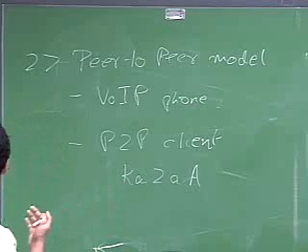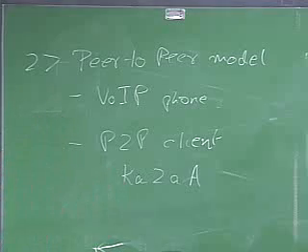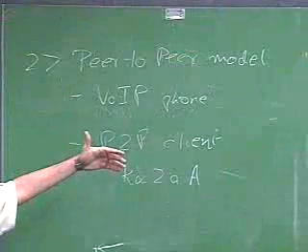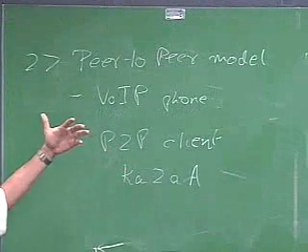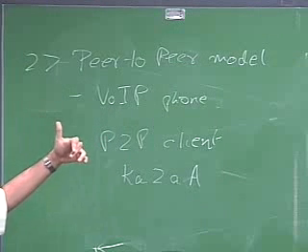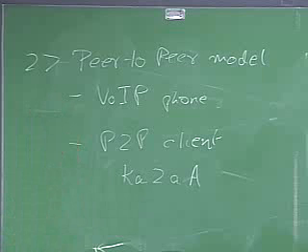Now web servers will not be part of this peer-to-peer model, because a web server will rarely initiate a conversation and it will rarely accept information. I'm not talking about forms or uploading of information or queries of that sort, but a web server always operates in a server mode.